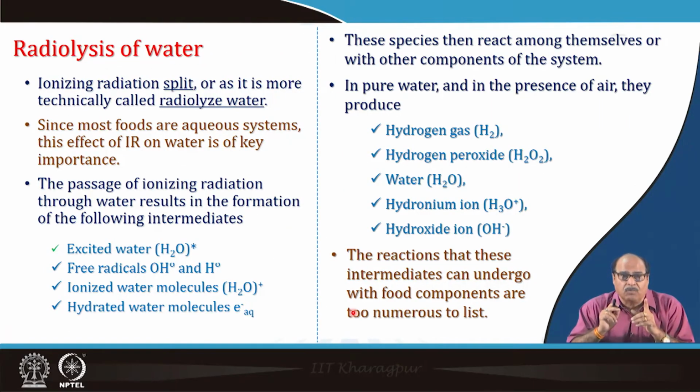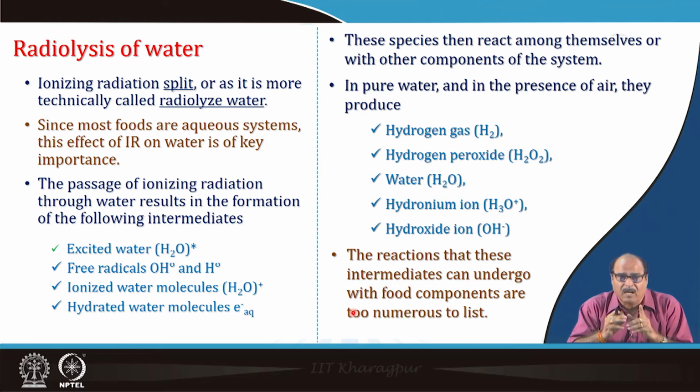So, radiolysis of water: the effect of ionizing radiation on water is that the water is split, or more technically, radiolyzed. Okay. And since most foods are aqueous systems, this effect of ionizing radiation on water is of key importance. It is particularly important in fruits, vegetables, etc., which contain high moisture.